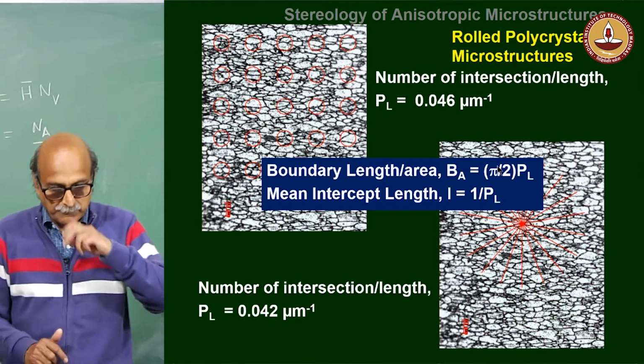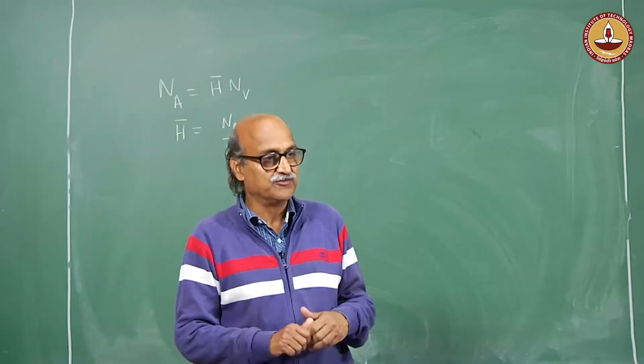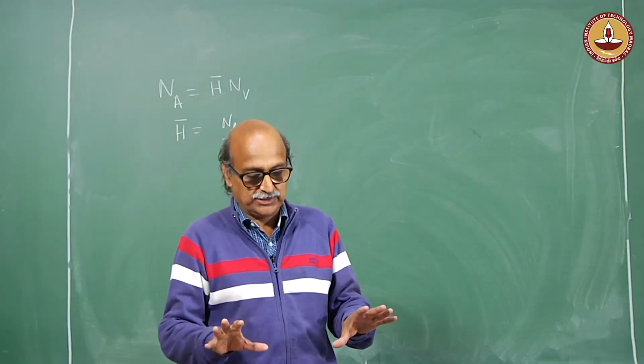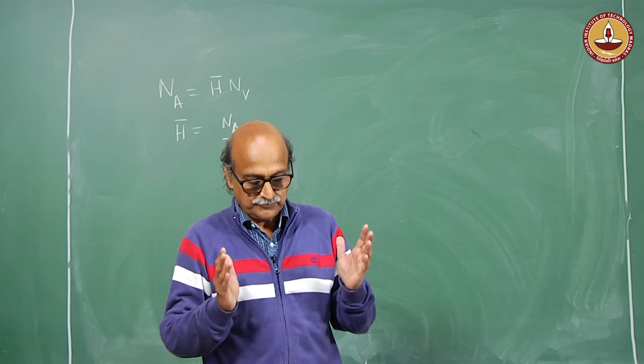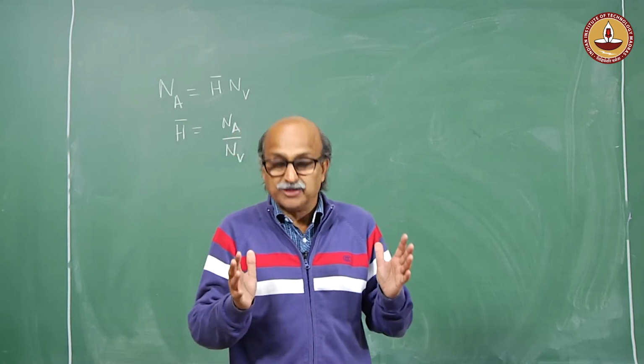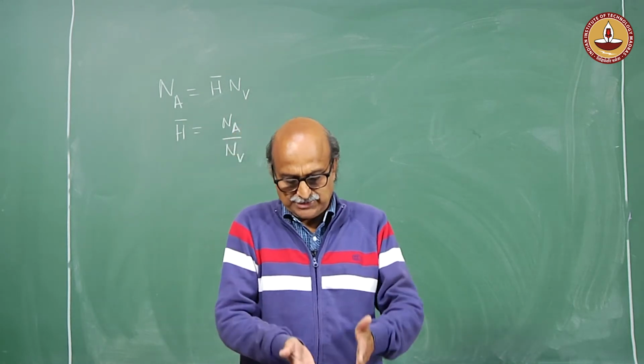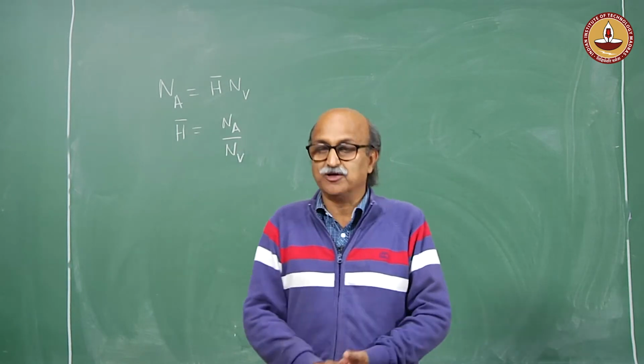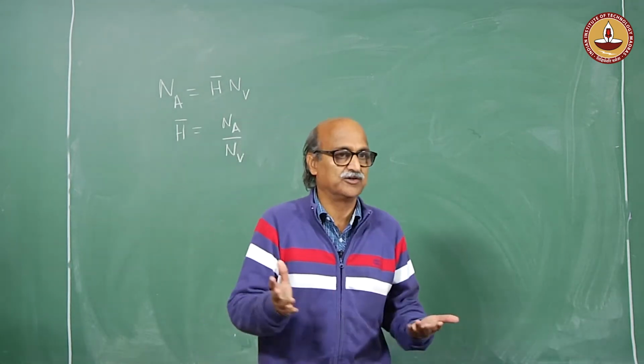So, I am able to get boundary length per unit area this way. I can also get a mean intercept length as well, so, kind of a grain size.